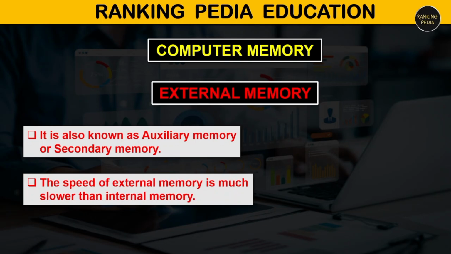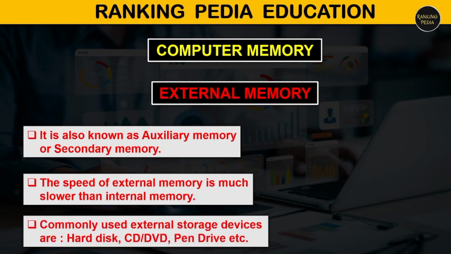The speed of external memory is much slower than that of internal memory. Commonly used external storage devices are hard disks, CDs, DVDs and pen drives.